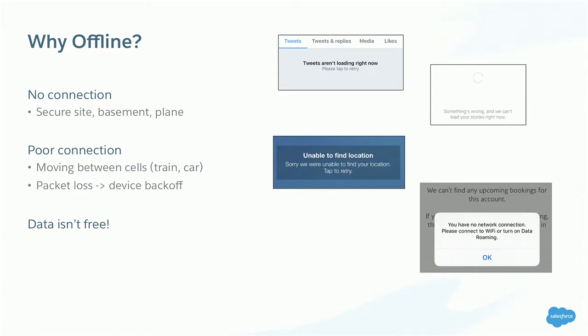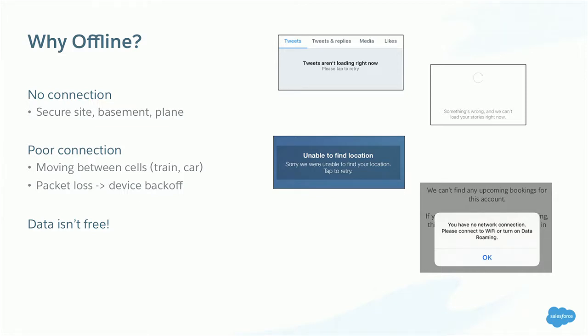And on one particular memorable GoToMeeting call that I was on, I think I disconnected 18 times in 25 minutes. So you can be in situations where you're genuinely mobile and there is a patchy service. And what makes this worse is that devices will often interpret packet loss as meaning the network is congested and overloaded. So if they detect packet loss, they'll often back off and give it a minute or two before they try again, which makes the situation worse.